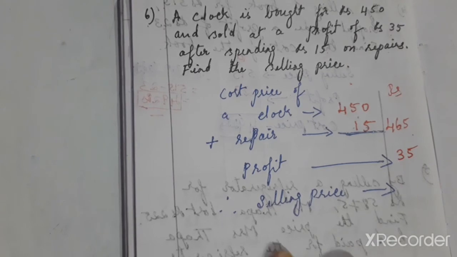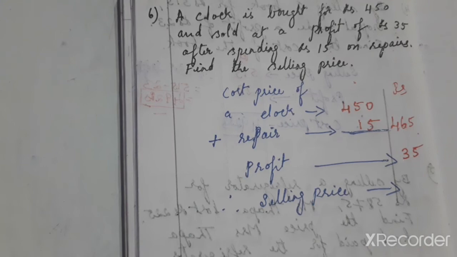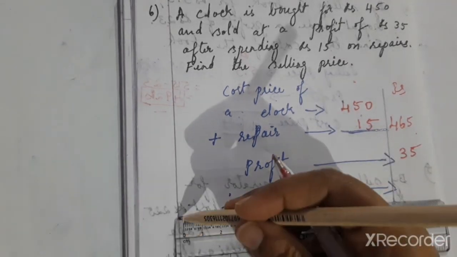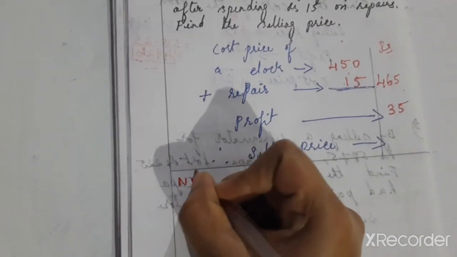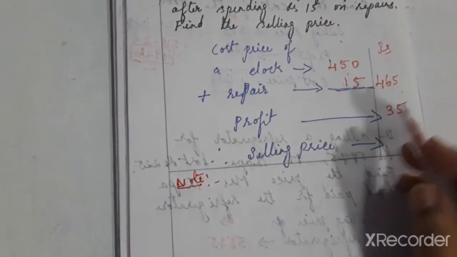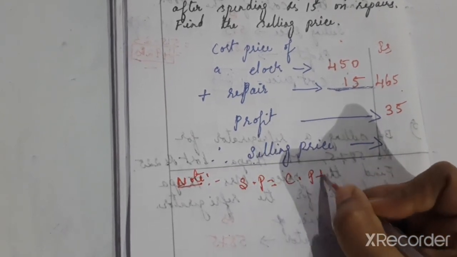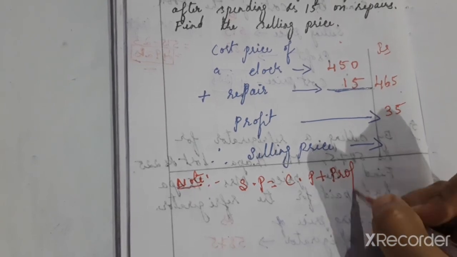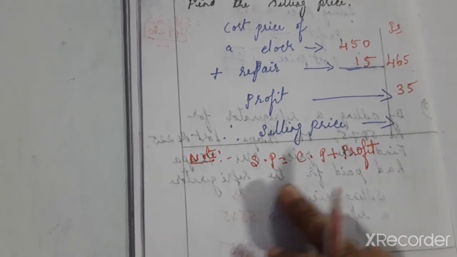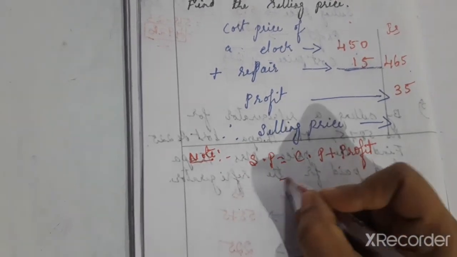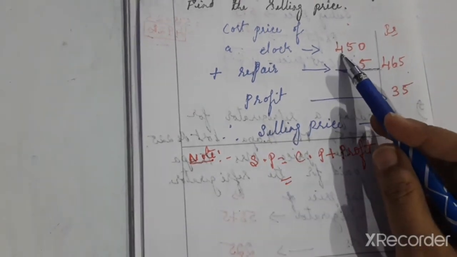Profit is 35. We have to find the selling price. When cost price and profit are given, the formula is selling price equals cost price plus profit. So what is the cost price? Is 450 the cost price?